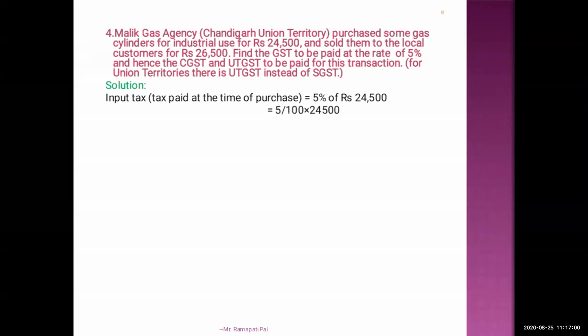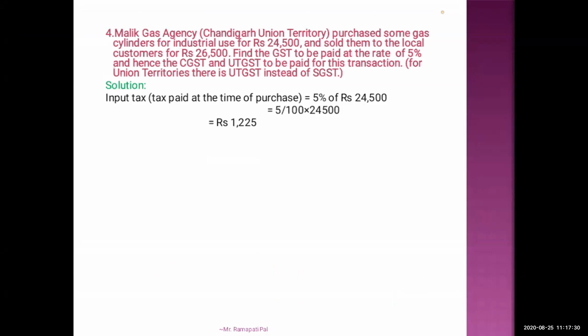What remains now? 5 into 245. Multiply fast. So when you multiply 5 into 245, you will get rupees 1,225. Is it clear? Yes.